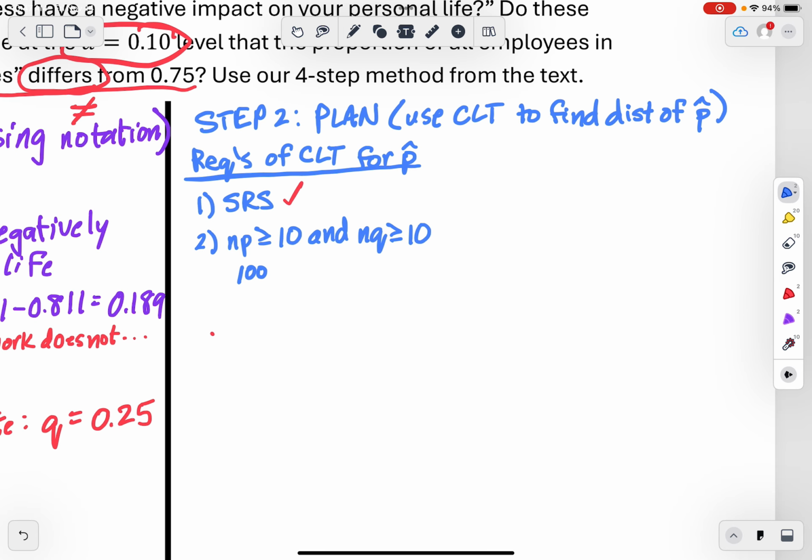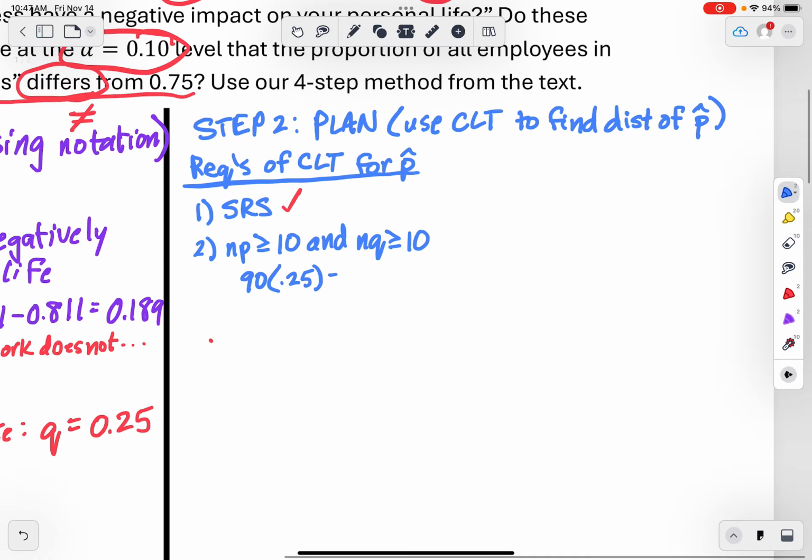So I get 100. Oh, I'm sorry, 100 was not our sample size. Our n was 90. So let me make sure I get that correct. Our n was 90, and we've got 0.25 times 90. That's going to come out to 22.5, I believe.